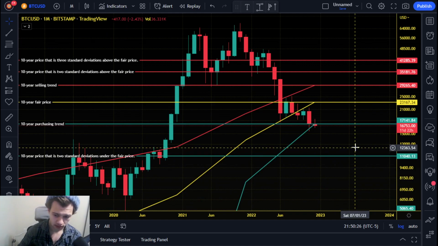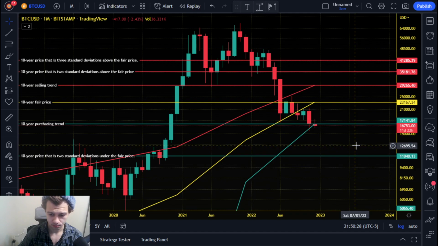With that said, Bitcoin is still viewed as a risk asset. So in times like these, while the Fed is pulling down on liquidity, it's not likely that risk assets will go up in value, because the liquidity is getting sucked up.